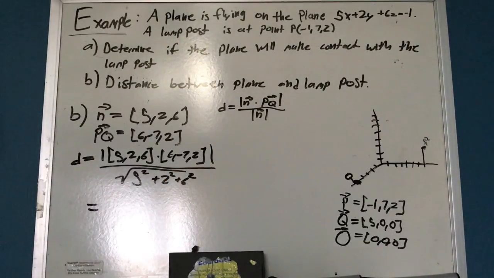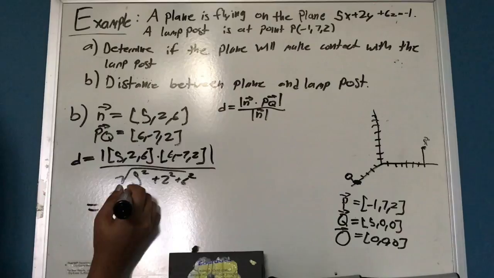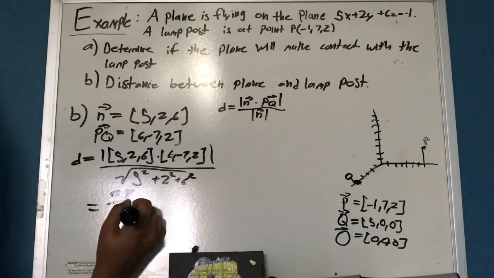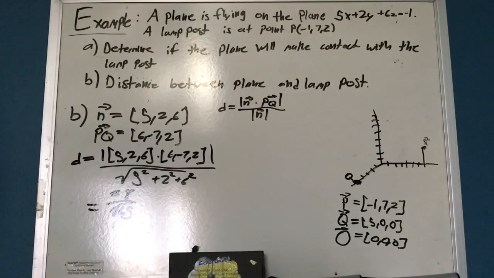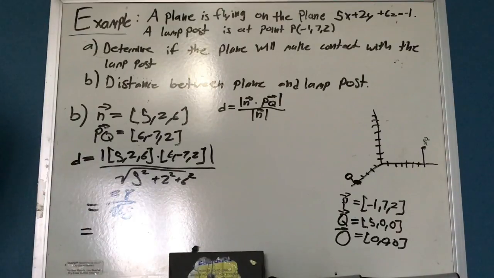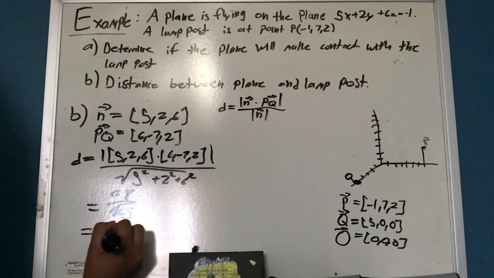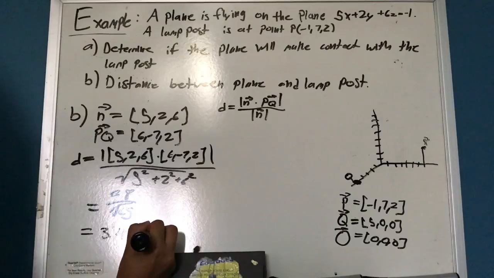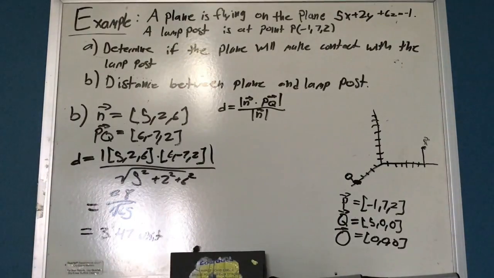This is going to give us the distance of 28 over square root of 65. Therefore, the distance between the point and the plane is 28 over square root of 65, which, if we simplify it even further, is going to give us 3.47 units.